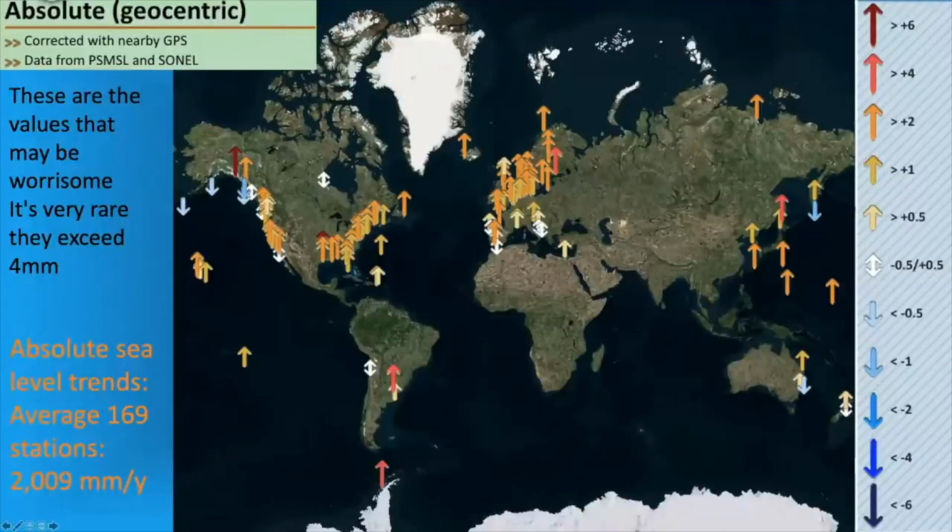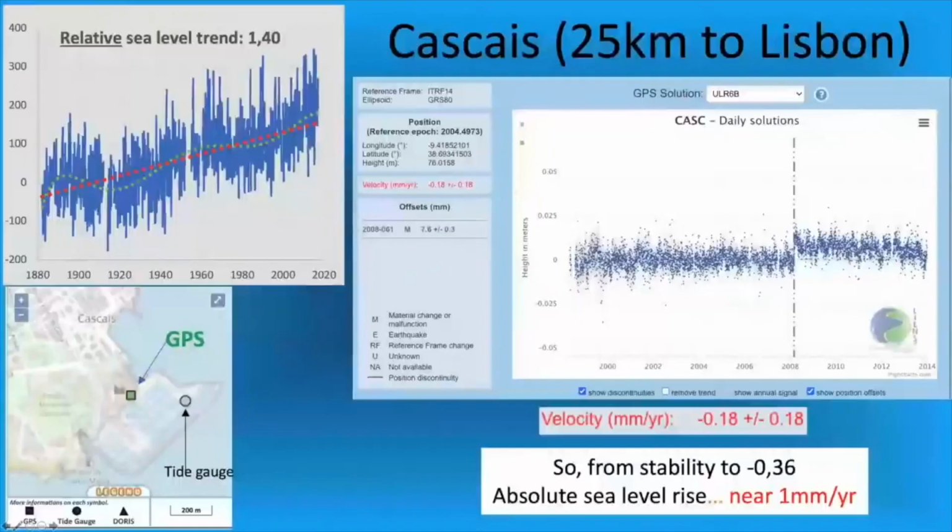Most of the time, you have a very low absolute sea level rise. These places can be studied, of course, to understand why the numbers are so big. And I'll try to give you some ideas about this case.